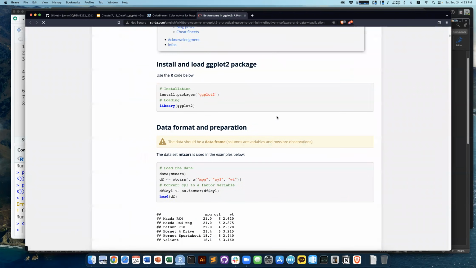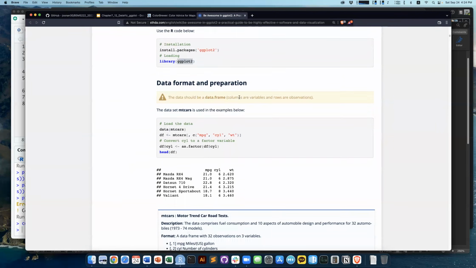In ggplot, you don't have to install ggplot separately if you install the tidyverse, because when you install the tidyverse, it will automatically install ggplot. If you want to use ggplot, you can load the library: library ggplot2, or you can just load the tidyverse, and that will load ggplot as well, right?